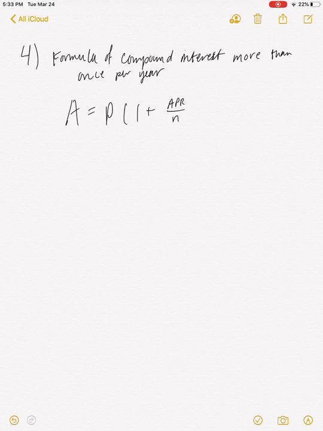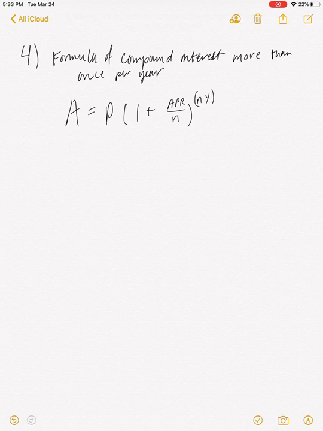So you take your percentage of interest divided by the number of times you compound annually, and you take it to the power of n times y, to see the total number of compounds there are in the whole process.